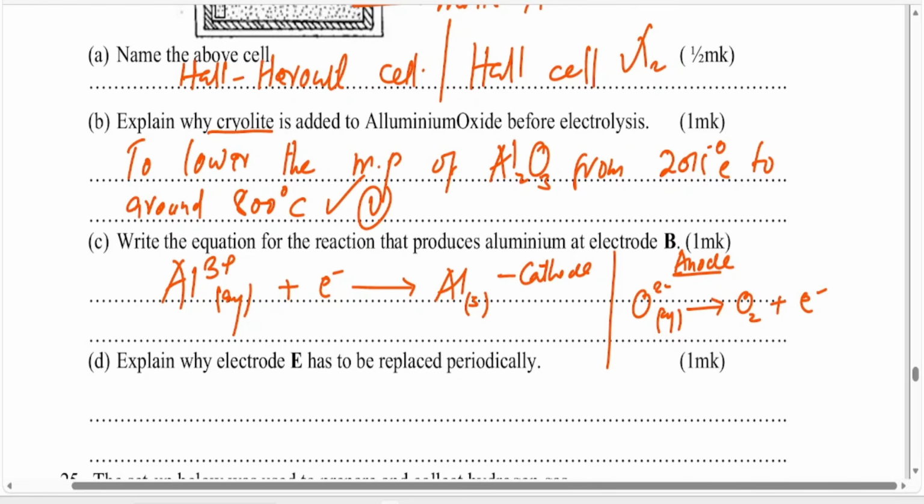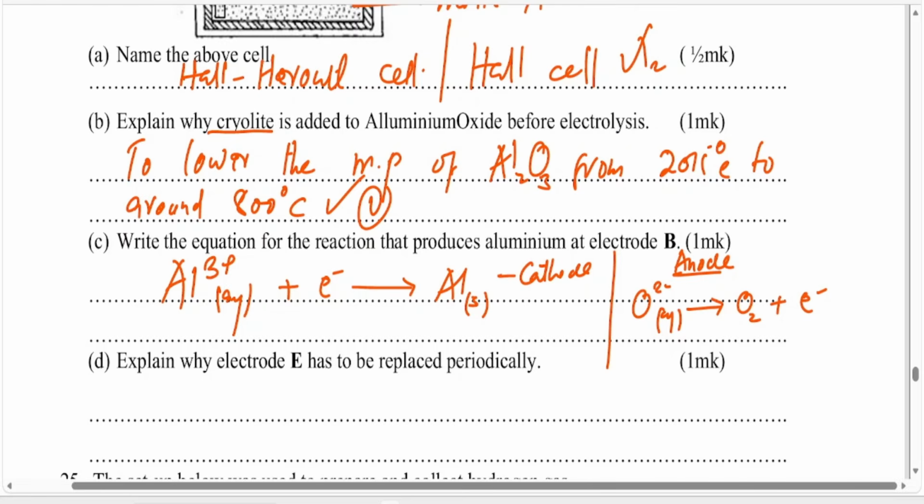So what we always do, we look for the LCM of these 2. That is, we're going to have aluminium and oxygen. So I balance the aluminium. I want to make it 12 electrons.